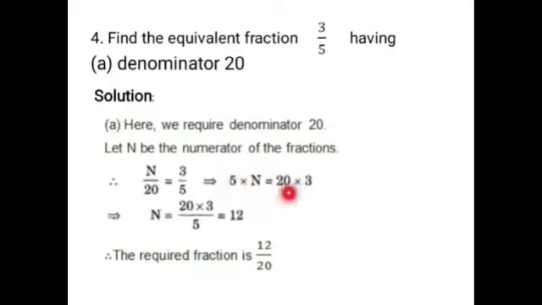On dividing both sides by 5, we get n is equal to 20 multiplied by 3 divided by 5. 20 3s are 60. 60 divided by 5 is 12. So, the required fraction is 12 by 20.